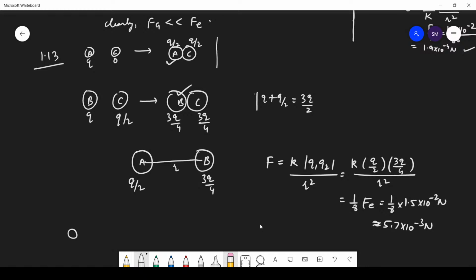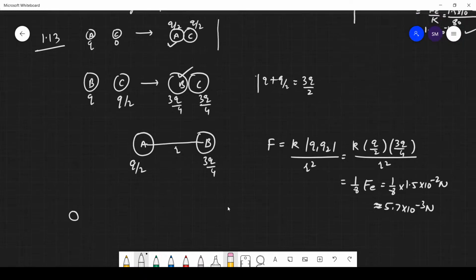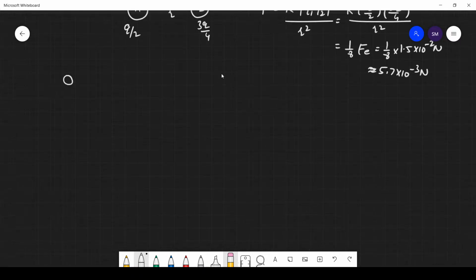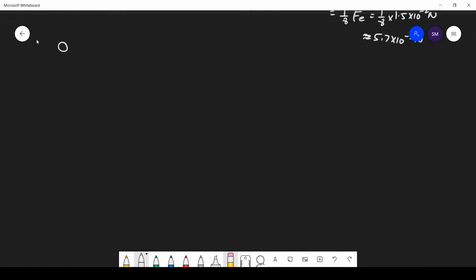So you have this figure in exercise question 1.14. This is the positive charge plate. This is the negative charge plate.